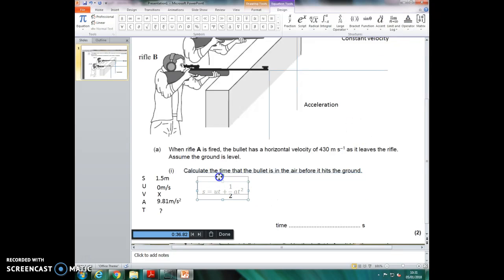Now we rearrange this equation using what we already know, and we'll find that part of this disappears because u is 0.